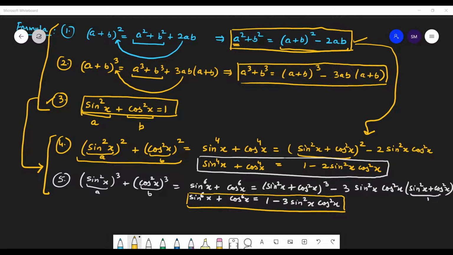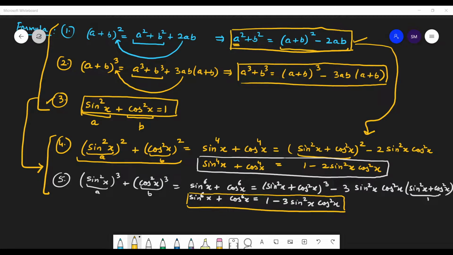So I hope that you people are getting comfortable with these formulas, right? Yes, sir. Okay. So now, based on this formula, you are supposed to try this question. You know the value of sine x raised to power 6 plus cos x raised to power 6.